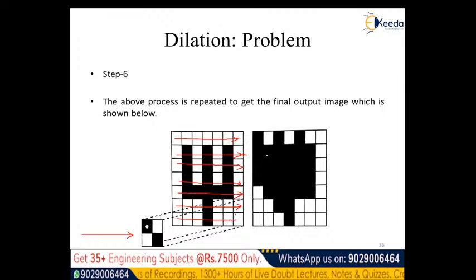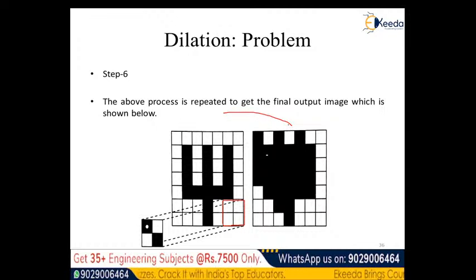So we have reached the last pixel here. This much of the portion is mapped here, and you see because of this much of overlapping, the corresponding results we have shown in this output image here. So this was step 6 here.